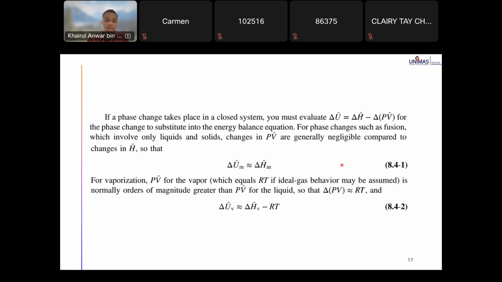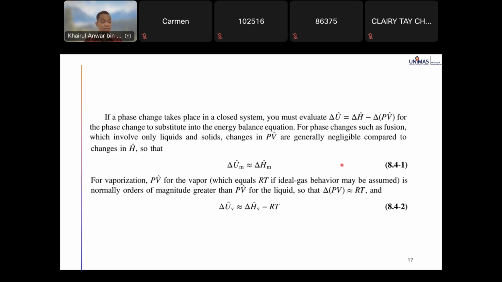If a phase change takes place in a closed system, you must evaluate delta U equal to delta H minus delta PV for the phase change, to substitute into the energy balance equation. For phase changes such as fusion, which involve only liquid and solid, changes in PV are generally negligible compared to changes in H, so delta U M is equal to delta H M. That one is for melting or fusion.